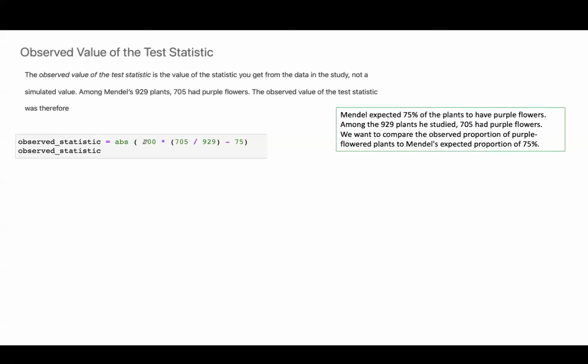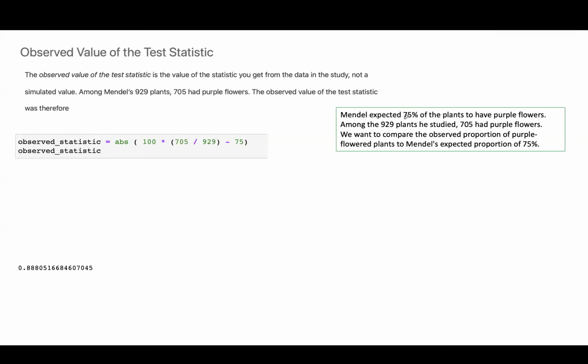So the observed value of the test statistic was the absolute value of 100 multiplied by 705 divided by 929, minus 75. This basically gives you the observed statistic.